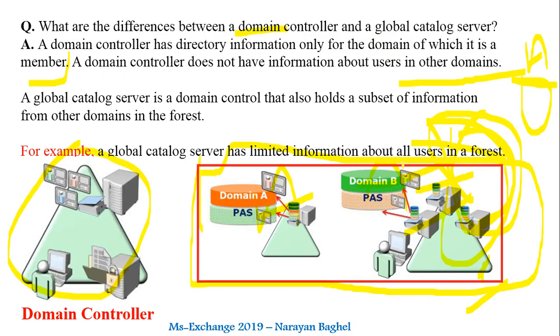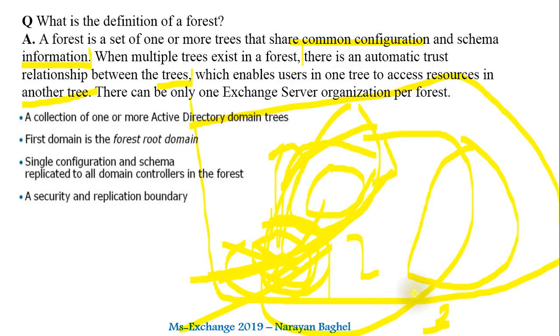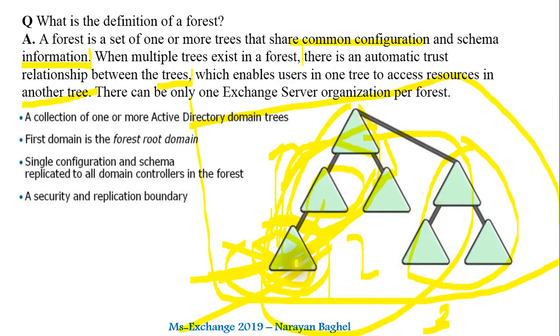Why? Because this is your infra, for example. This is your first server, so the others should know which is my first parent server, my global catalog, because they will get updated from here. Whatever information is updated here will be replicated to the others, so they should be able to reach and communicate with this.